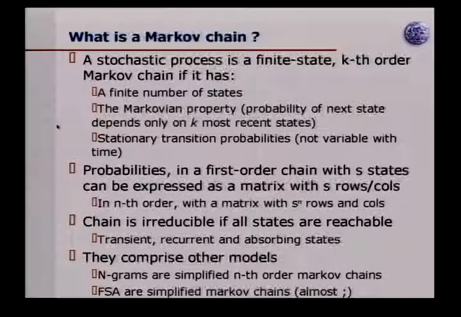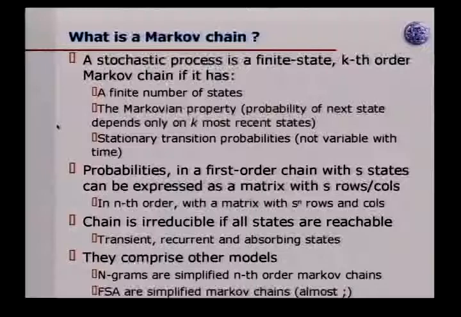And it has the Markovian property, which means that what happens in the next step depends only on the k most recent steps. And usually, we call a Markov chain a Markov model of order 1. So a Markov model where you take into account only what has happened in the step before.